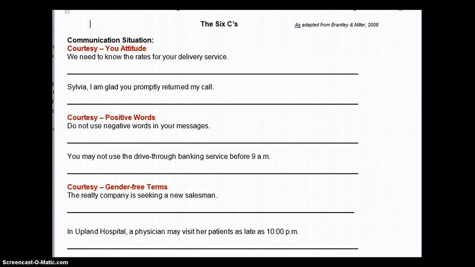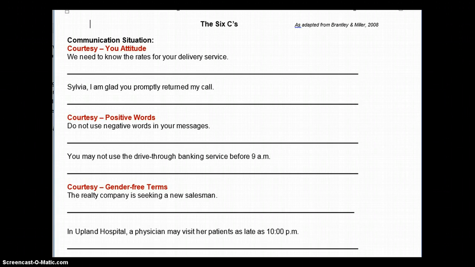Using positive words. Rather than saying do not use negative words in your messages, the best thing you can do is state what can be done rather than what cannot be done. So that sentence could be rewritten as use positive words in your messages.